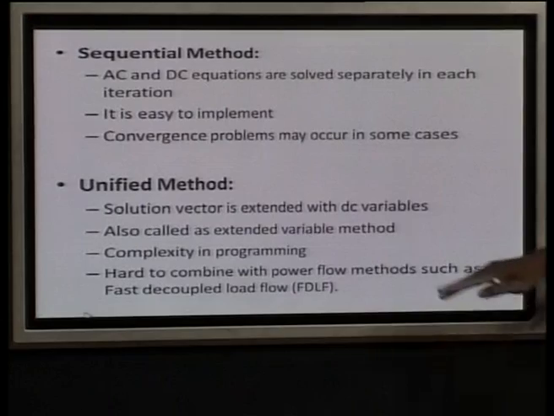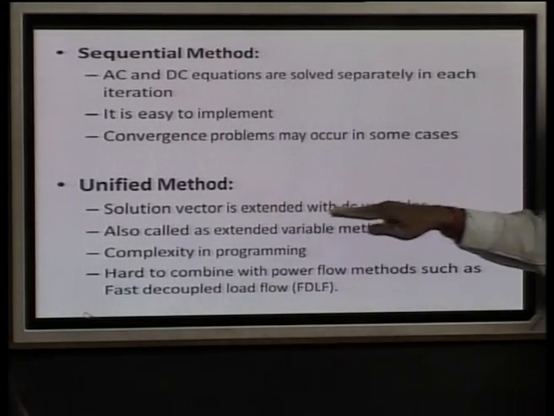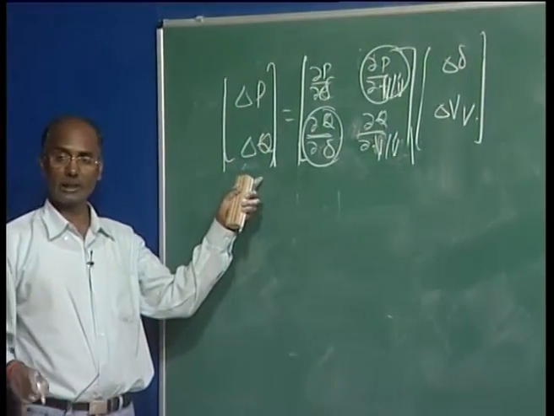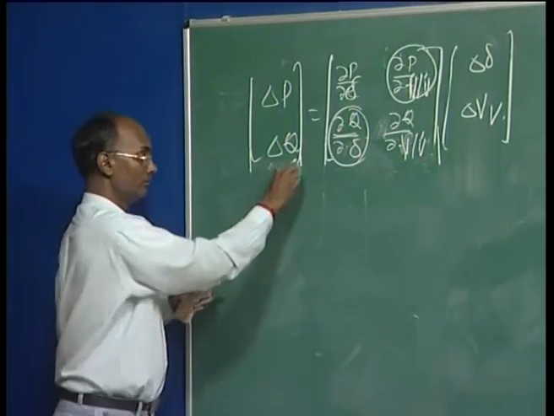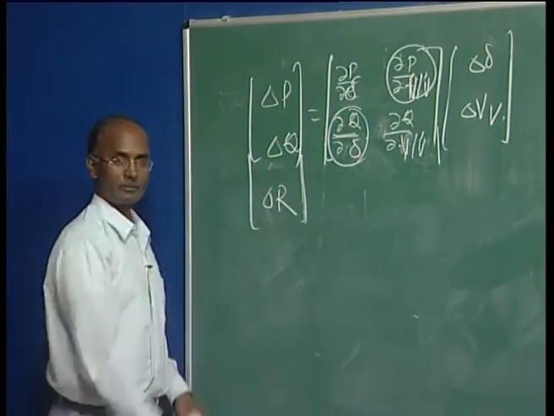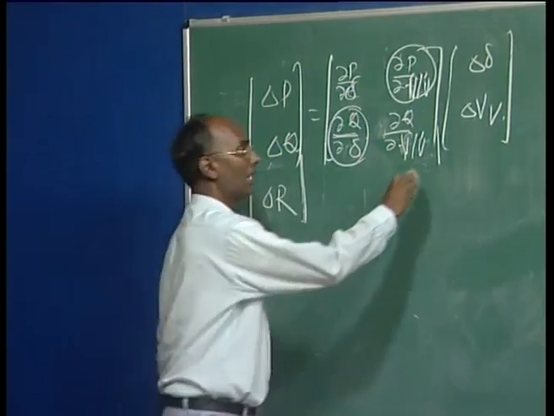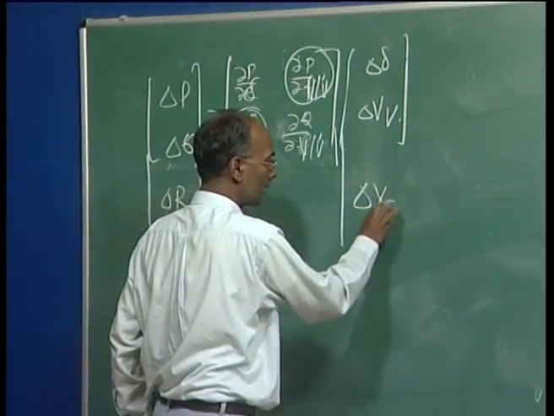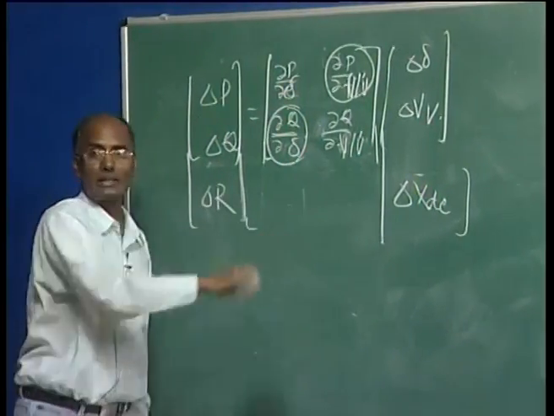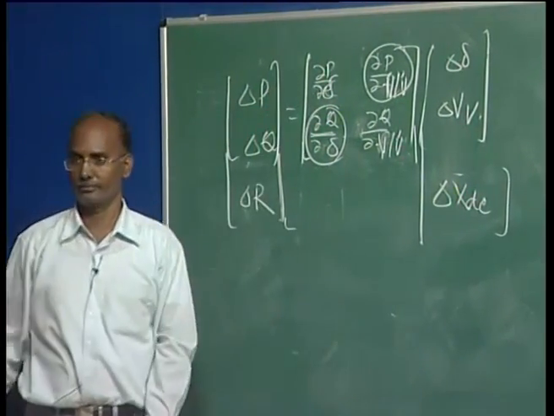So, here the solution vector basically is extended with the DC variable. Here we are having P and Q, these are the AC variables. Now, if you are using some DC variables, equations corresponding to this, and if you are having here your variable that is x DC vector, then it is called extended, your Jacobian, you are extending it.